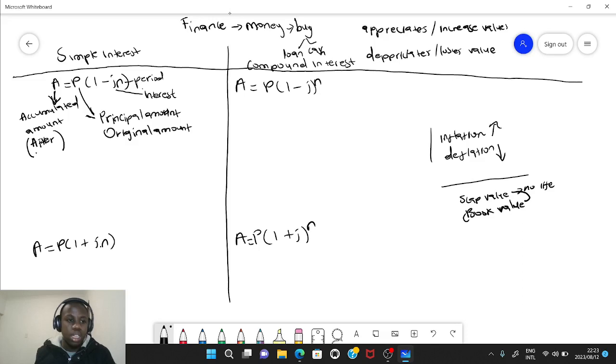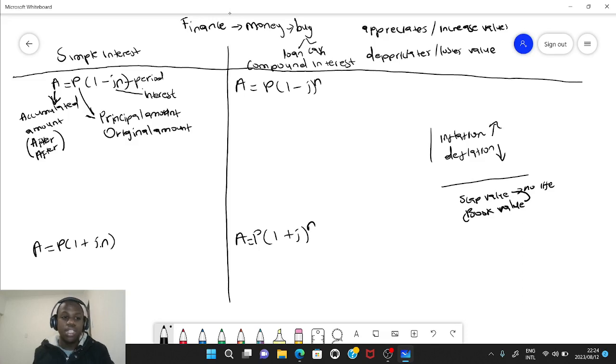It can be the amount after inflation or the amount after deflation. It can be the amount after an increase in value or the amount after a decrease in value, right? So A simply stands for after.